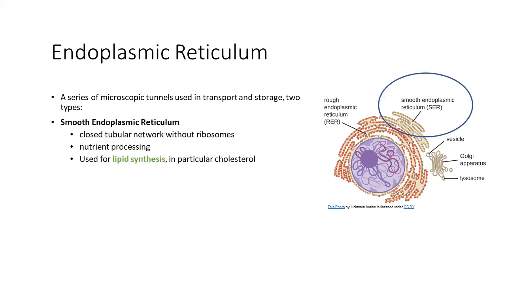Now the smooth ER, as you see here, is called smooth because microscopically you don't have any of those bumps created by the ribosomes, but it is very similar in function in that it's a tubular network. It is going to be for transport, storage, etc., but it's also going to be for synthesis, but not protein synthesis. It is going to be used for lipid synthesis.